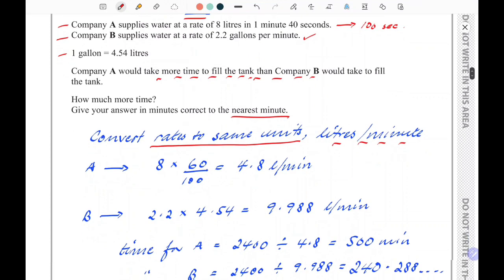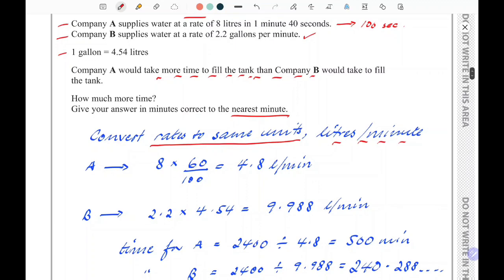So that's already in the right units. So what we're doing is that we know we can get 8 liters in 100 seconds, right? And we want how many would we have in 60 seconds, all right? So that's 60 over 100 times 8.